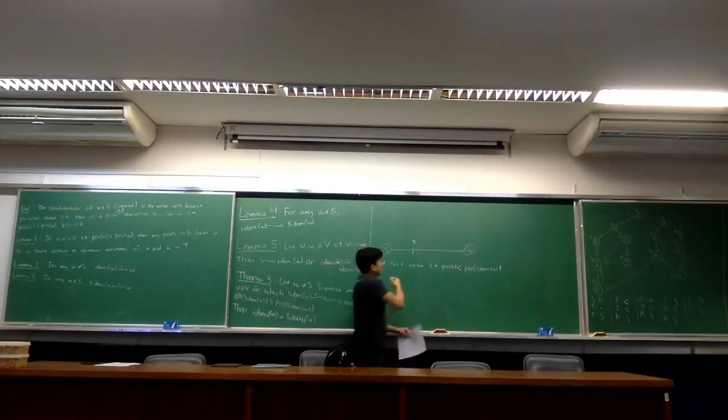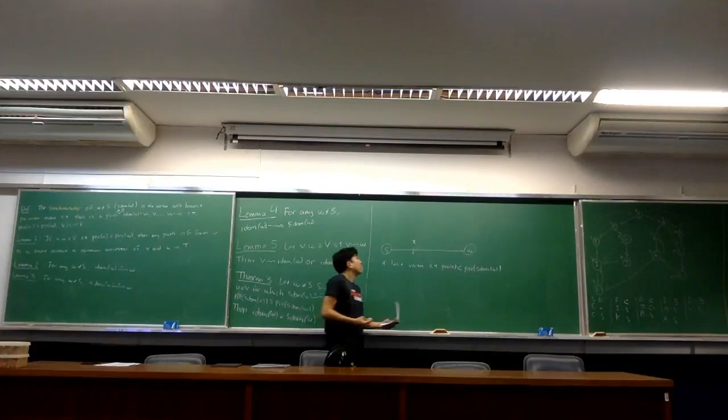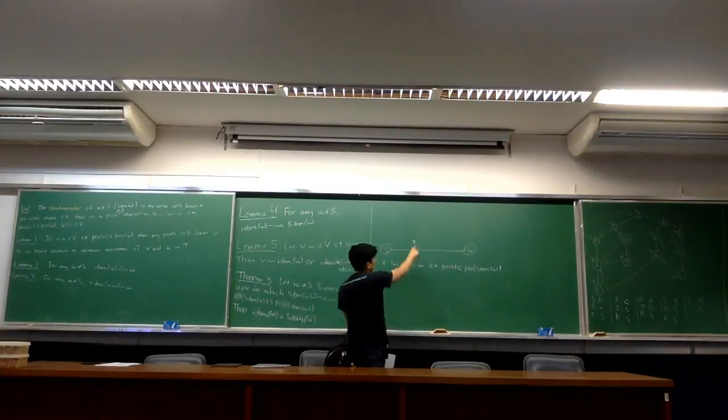So we would have that the sdom of W, which is S, dominates W, which is what we want. So that's what happens if such X doesn't exist.